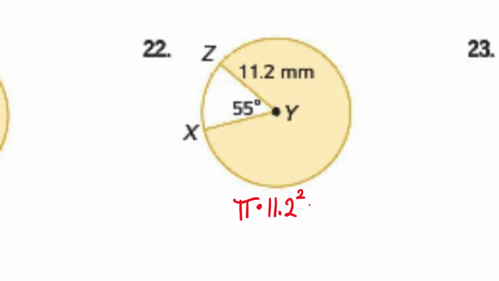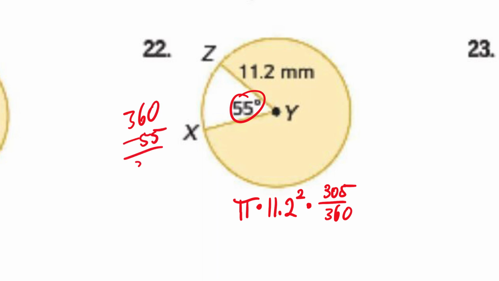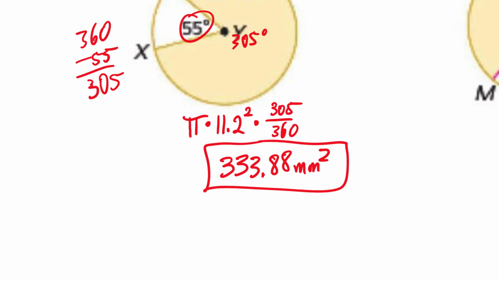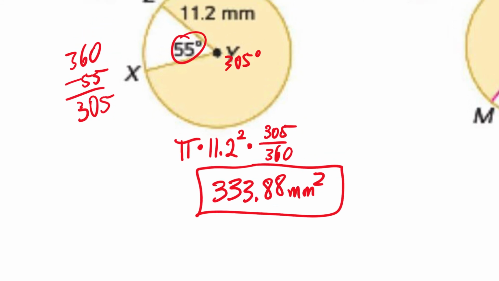Pi times 11.2 squared times, good, 305, because again, the 55 is for the unshaded part. So you'll do 360 minus 55, which is 305. And what does that give you? 338.88. I prefer to be to the hundredths place on this. So there you go. Like I said, pretty simple.